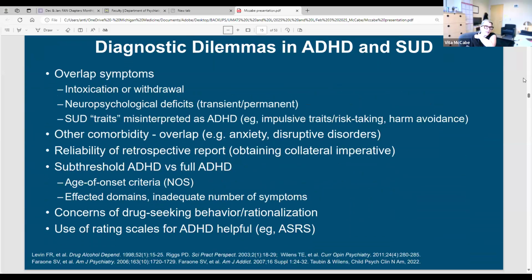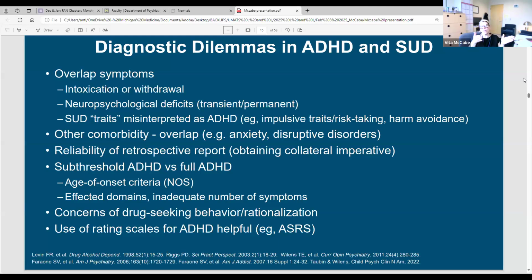So some diagnostic dilemmas, right? We have overlap of symptoms with intoxication and withdrawal. We have neuropsychological deficits that can be transient or permanent. And I haven't seen data on this, though clinically, especially in healthcare providers, I'm seeing a fair amount as ADOS has evolved for neurodivergent spectrum testing.